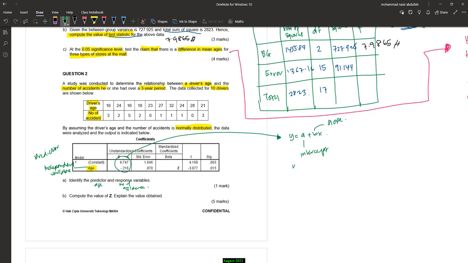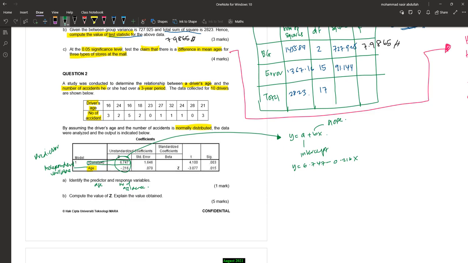So this one should be y equals 6.747 minus 0.216x. Because the formula I taught must have an intercept, so here the intercept constant still has a value.